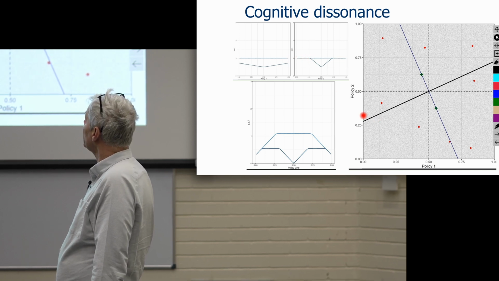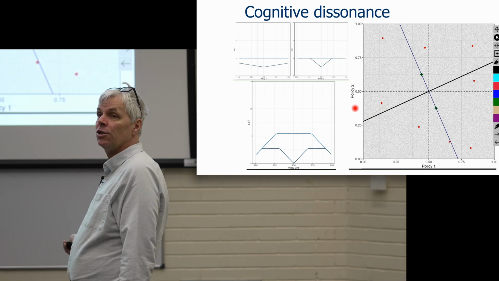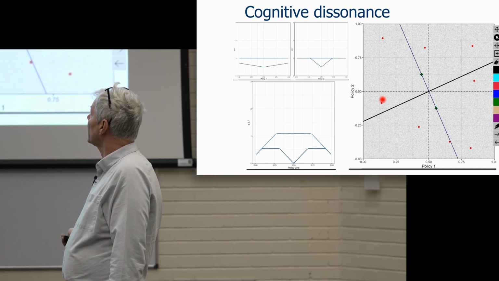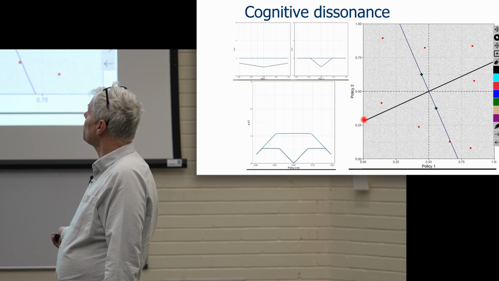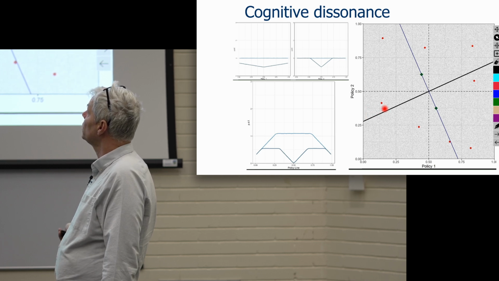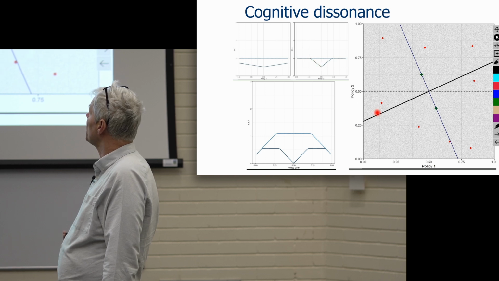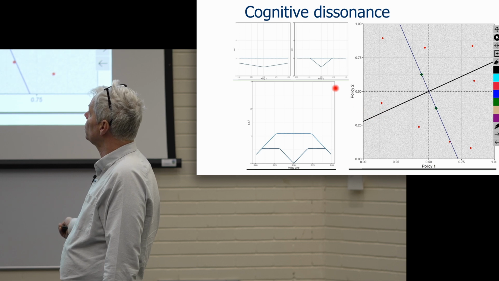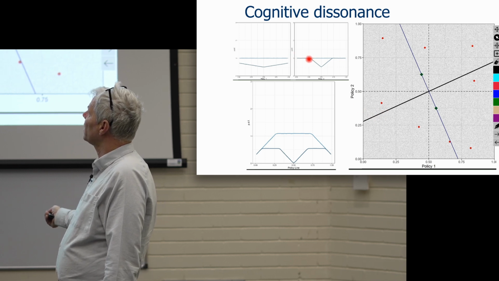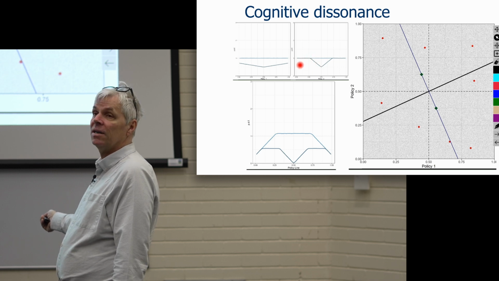But when we get to here, these guys have cognitive dissonance in policy 2, right? So, this guy's going to be moving upward, changing his belief about policy 2. So as we move upward, we have more and more people who have cognitive dissonance in policy 2, and so these guys are the difference. Right? So we're just adding up the people to the right of this line who don't have cognitive dissonance, and all these people do. So the amount that don't have cognitive dissonance starts dropping, and the difference is the people who do have cognitive dissonance.